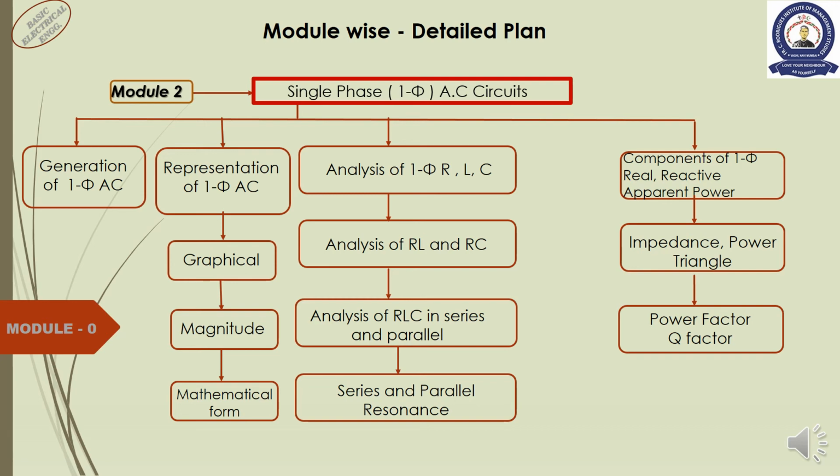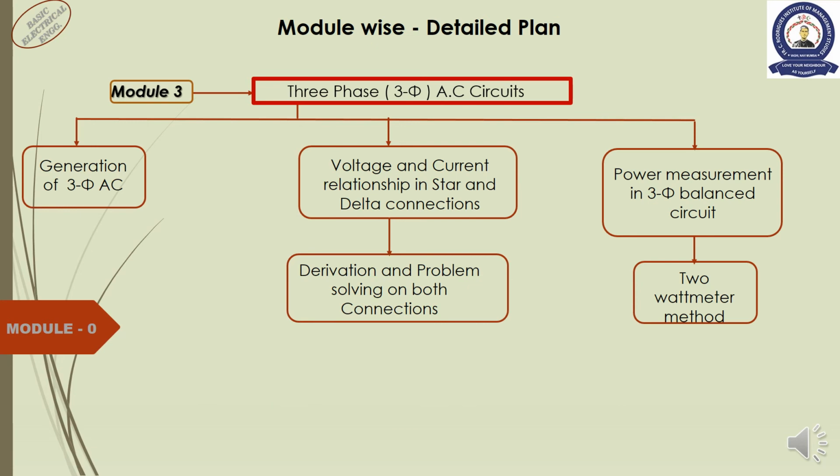In module 3, we are going to understand three-phase AC circuits. Likewise, as we have studied single phase, we are going to study three-phase: the concept of generation of three-phase AC, and voltage and current relationships in star and delta connections.